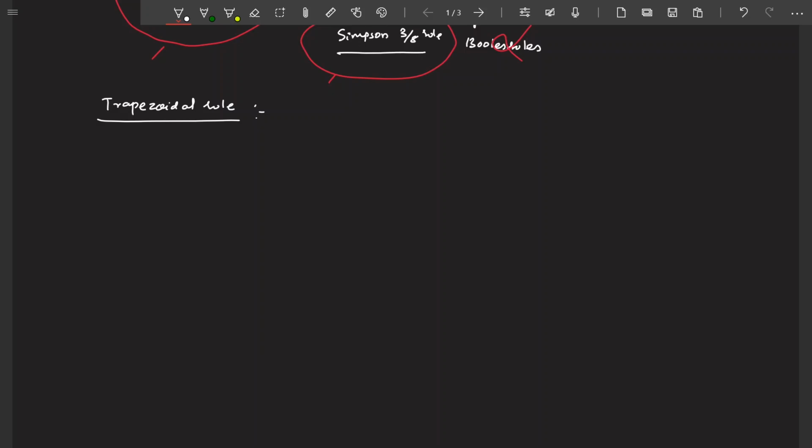So the formula is integral, b minus a, f of x0 minus 2 summation of i is equal to 1 to n minus 1 f of xi, plus f of xn.